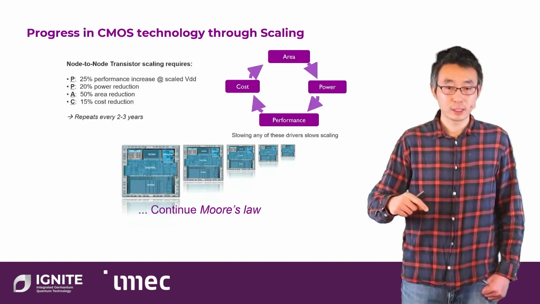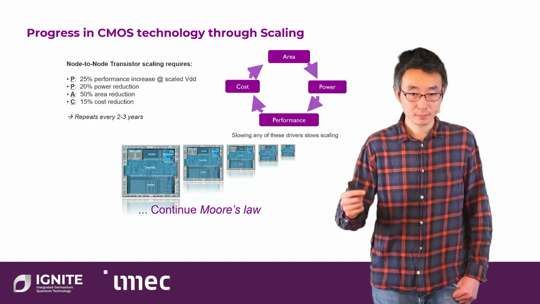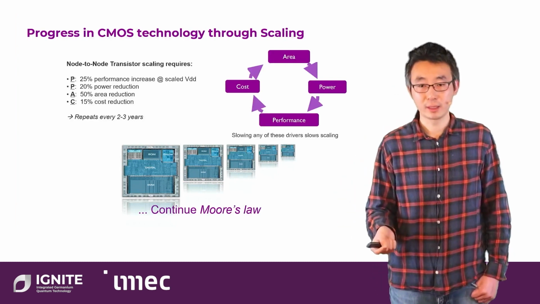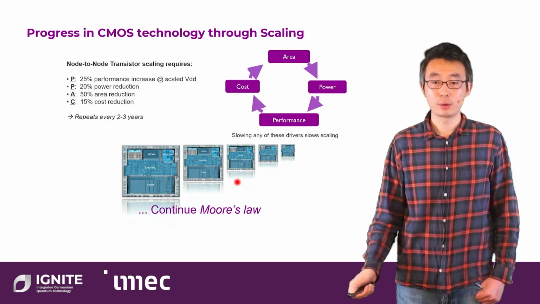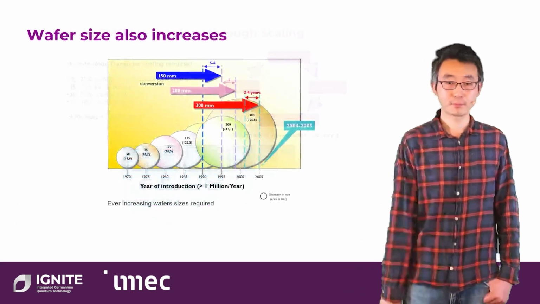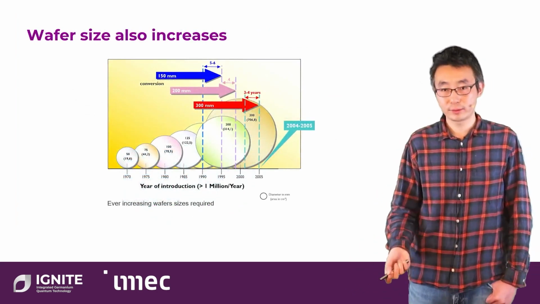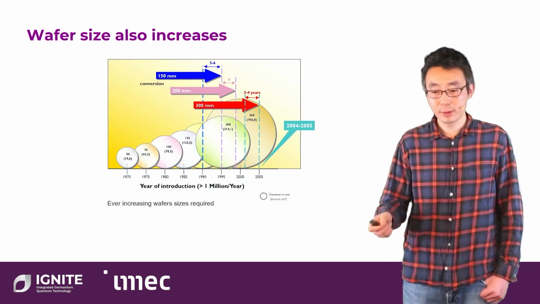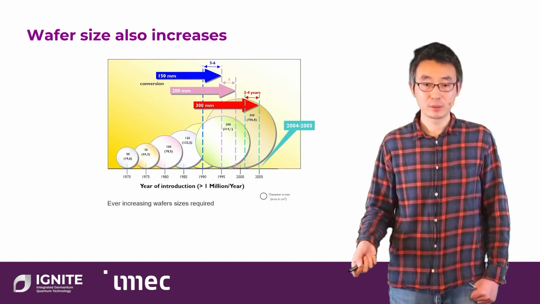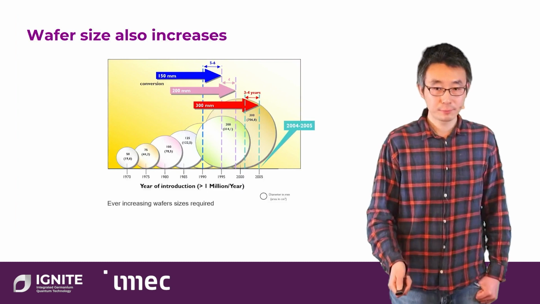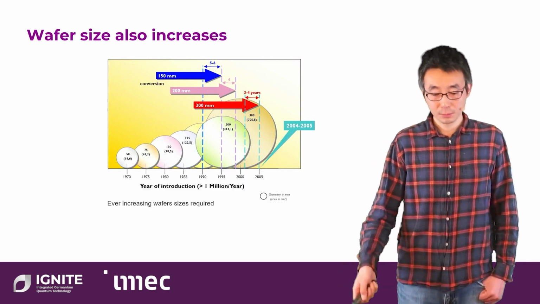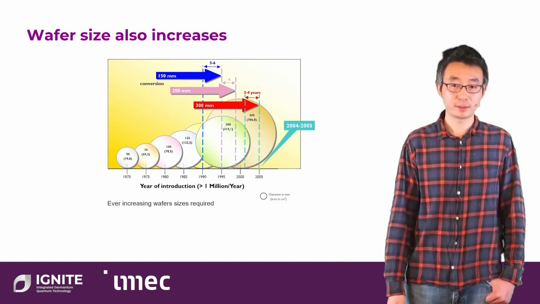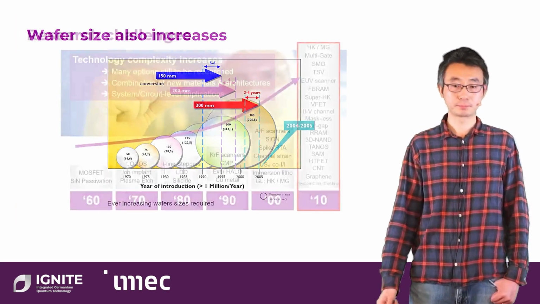In total, it's going to bring roughly 15% cost reduction. And that cycle repeats every 2 to 3 years. And not just the transistor size, the size of the wafer also increases with time. Starting from the small wafer, nowadays most commercial transistors are processed on the 300 millimeter wafer.